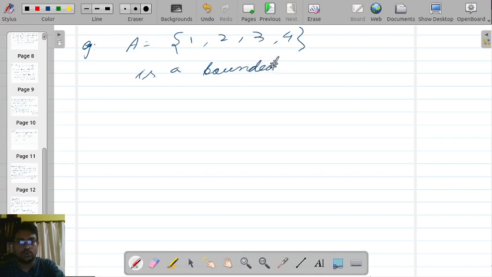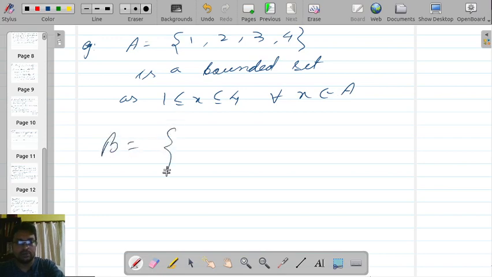It has both lower and upper bounds, as 1 is less than or equal to x less than or equal to 4 for all x inside capital A. Then something like B equal to the set of all those x in R such that 1 is less than or equal to x less than or equal to 7.